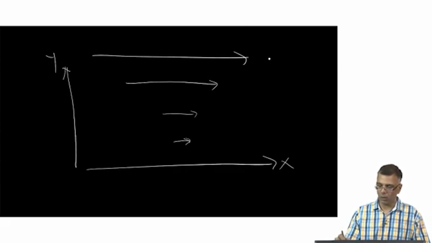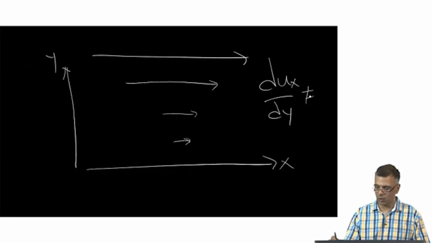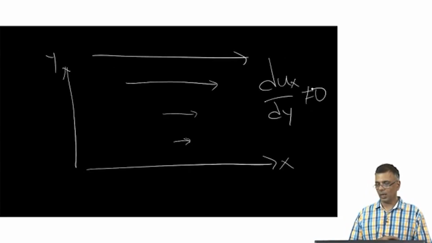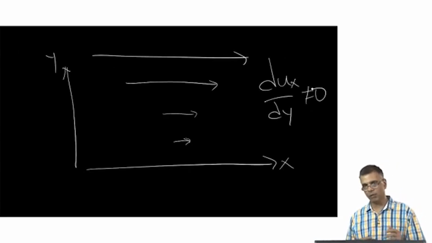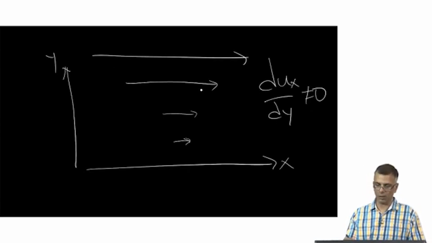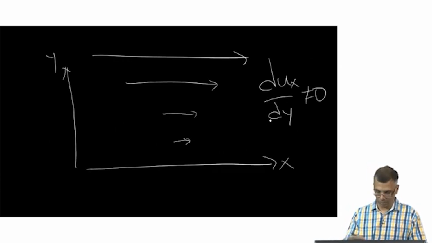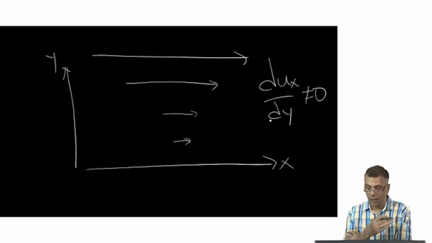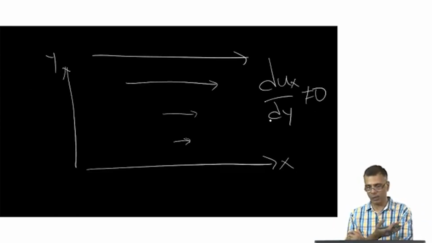Only when du x by dy is not equal to 0, you need to think about viscosity. And this happens only when there are shear forces. Here you see there is a shear. This is the definition of a shear. You can also say that there is rotationality in the fluid. Unless there's shear, viscosity is irrelevant.